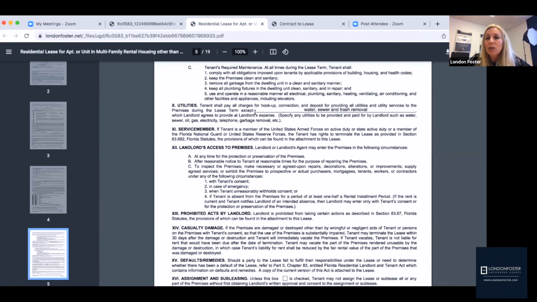So tenant is responsible for their internet, usually, unless it's included. They're responsible for Wi-Fi, usually, unless it's included in some of the higher end properties. But generally, the owner, in his monthly maintenance for the association, usually pays the water, sewer, and trash removal.